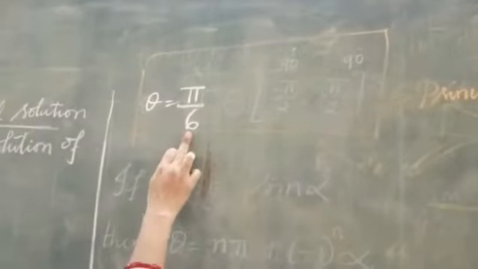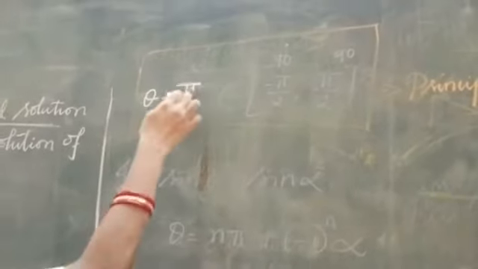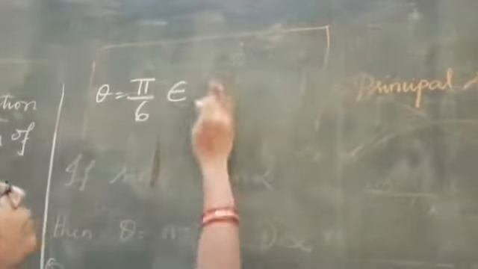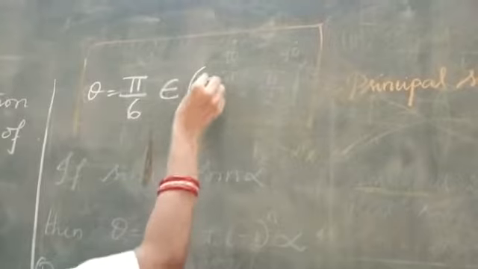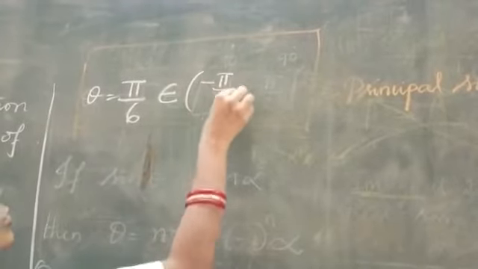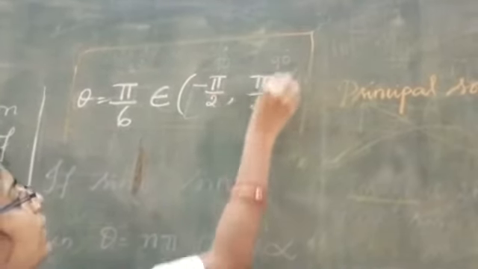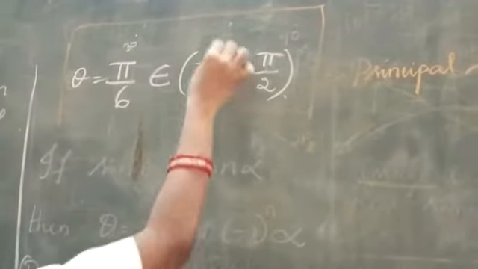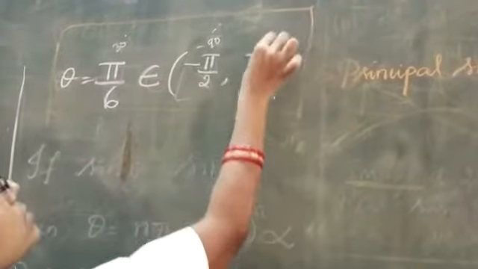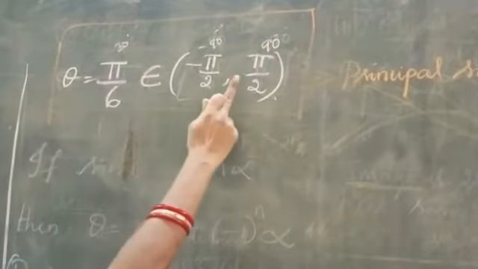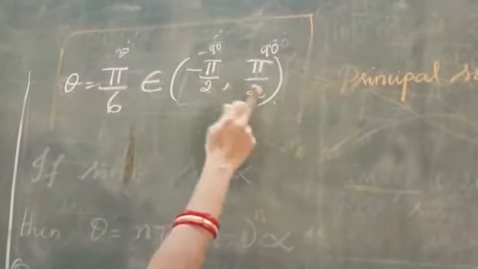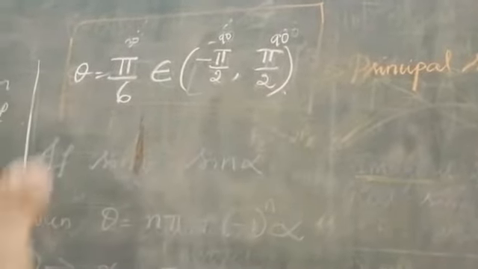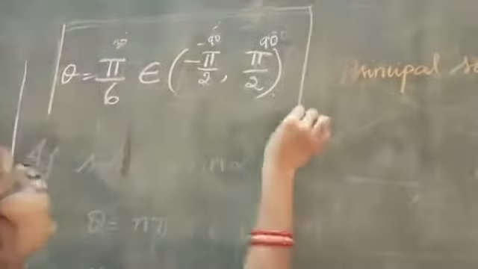And we have to see whether the value of theta, pi by 6, belongs to the principal domain. What is the principal domain for tan theta? It is the open interval minus pi by 2, pi by 2. So pi by 6 is nothing but 30 degree, and this is minus 90 degree and this is 90 degree. 30 degree lies in between the given interval. So this is the principal solution of the given equation.